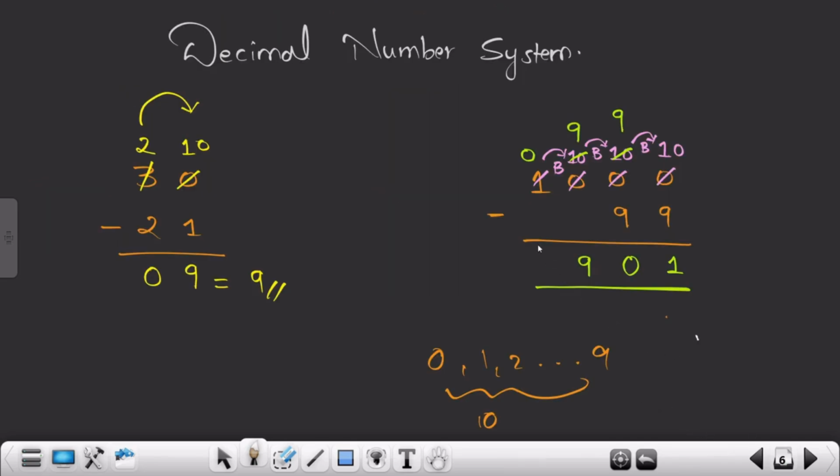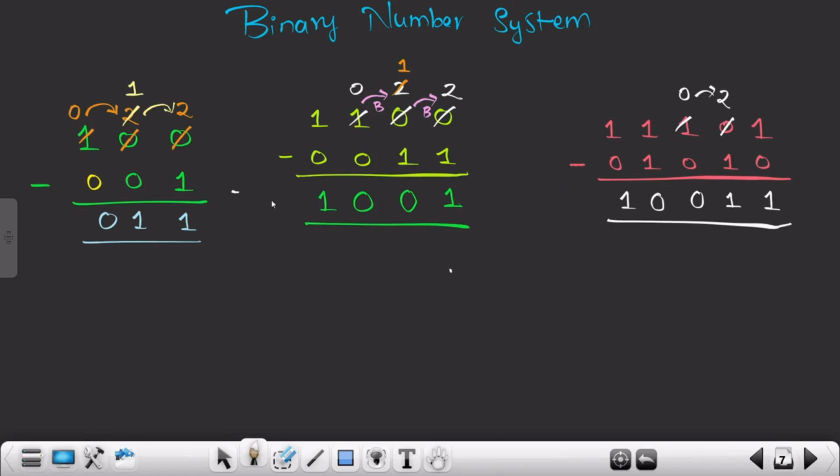That's why I taught you the decimal number system, how to borrow numbers from one column to another, and in that process you reduce 10 by 1, which gives you 9 over here. Then you borrow from the next column and give that borrow to the next column, right? This is how we perform subtraction in decimal.